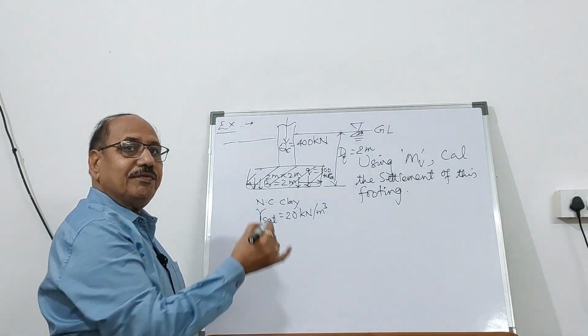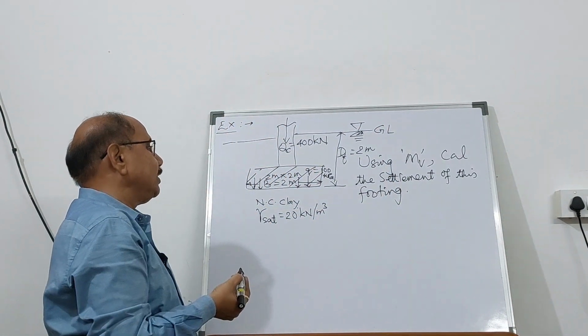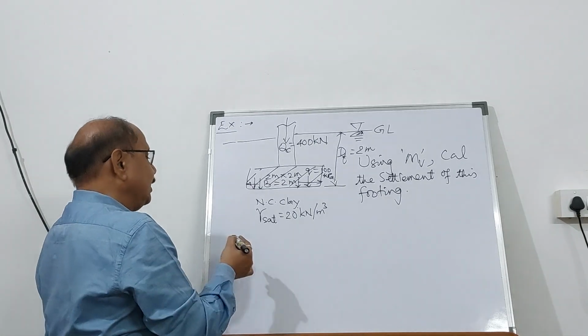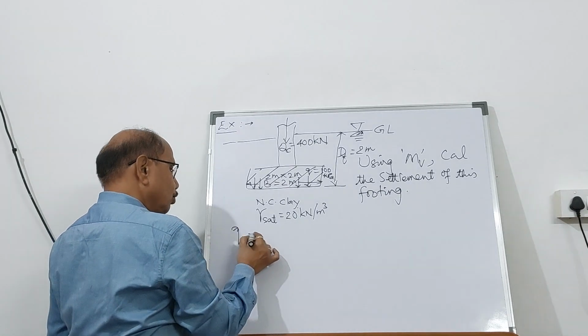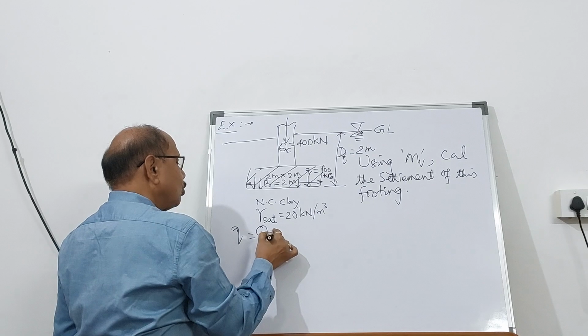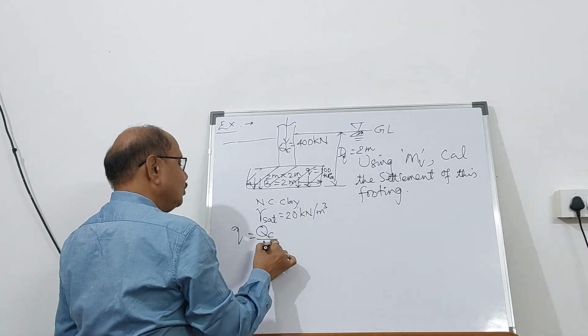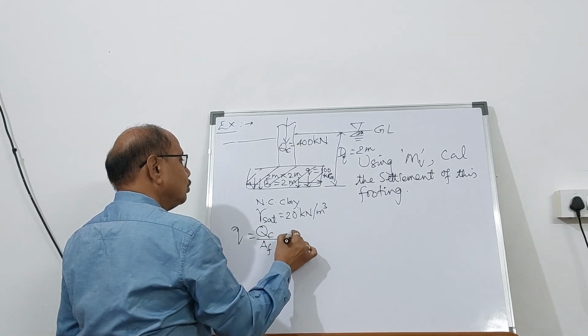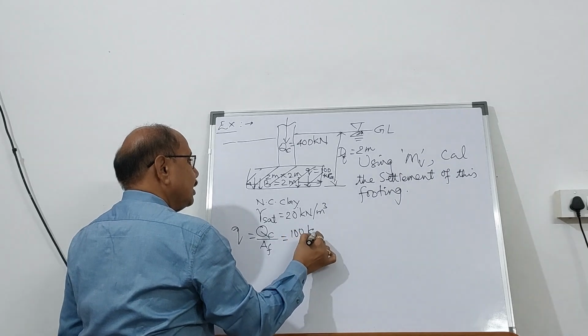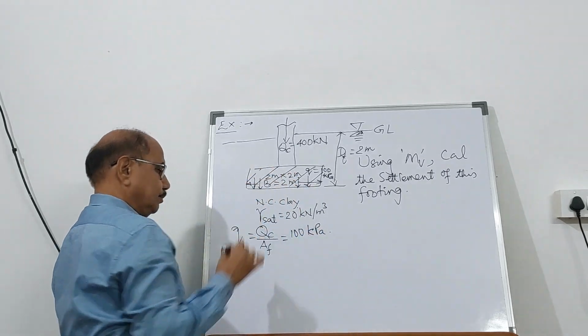So from basic we will go and see how to calculate it. You see, the intensity of loading is already known to you, that is the column load divided by area of the footing, and that's going to be 100 kPa.